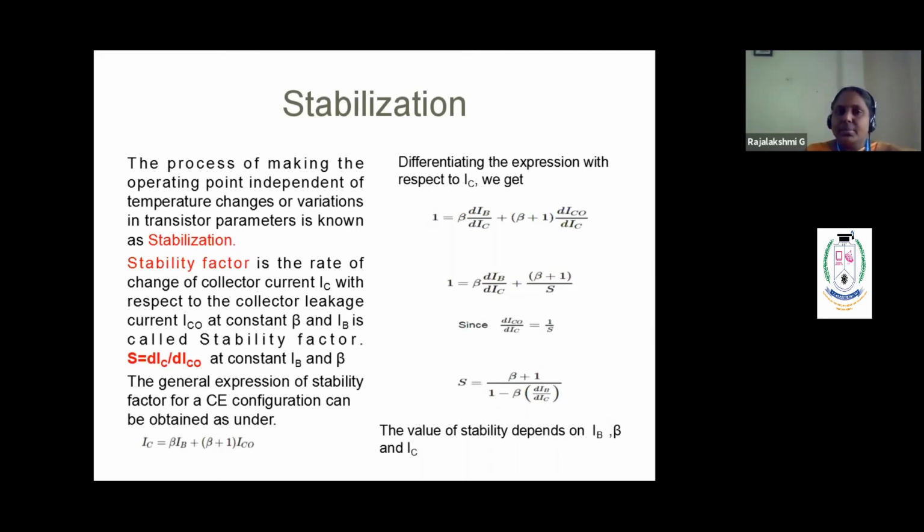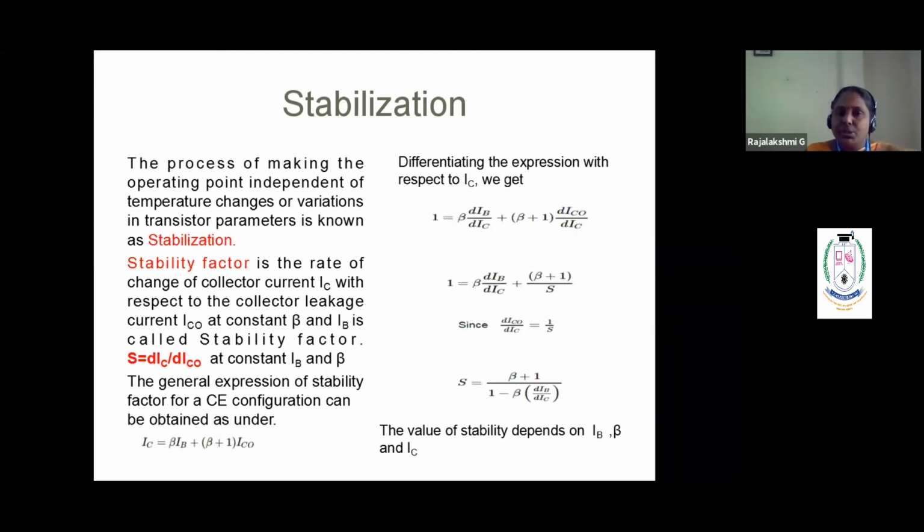So what do you mean by stabilization? The process of making the operating point independent of temperature variations. I told you the operating point depends upon the temperature, so to make the operating point independent of temperature, we are going to stabilize it.